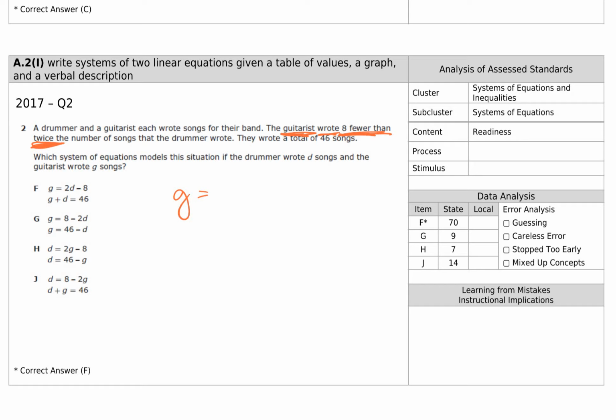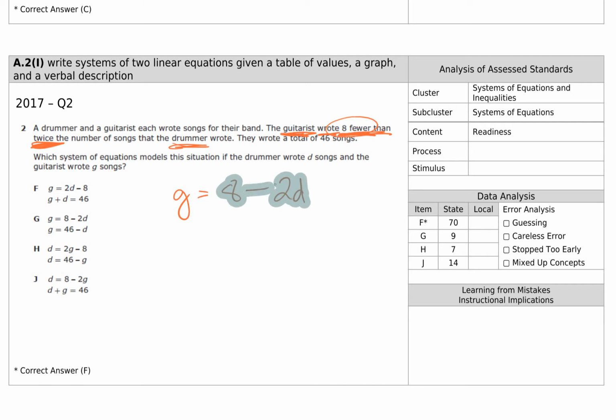Well, twice is pretty simple. 2 times the drummer, and then 8 fewer. Now, the phrase 8 fewer or less than is a tricky phrase. Some students want to write it like this. Since it says 8 fewer first, they put 8 minus twice the number of the drummer.